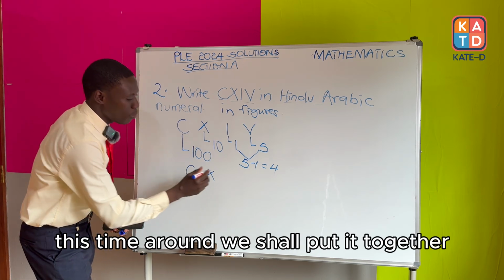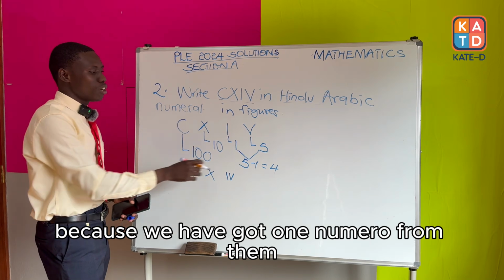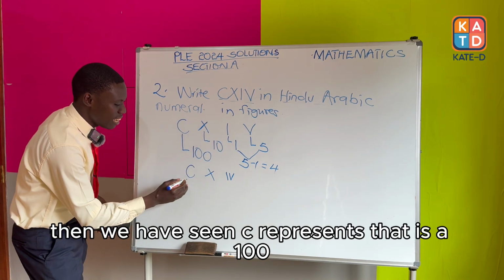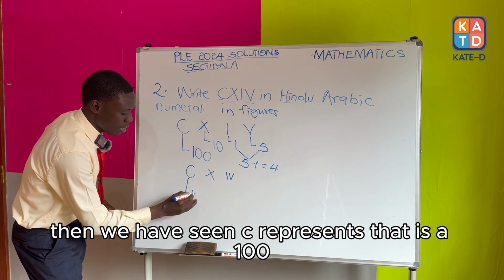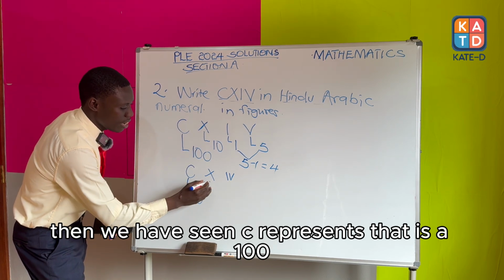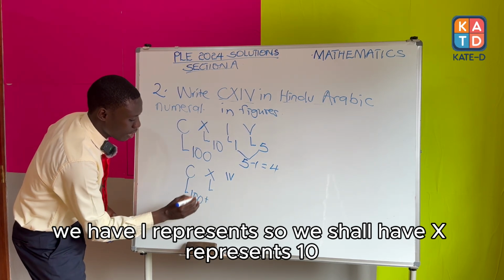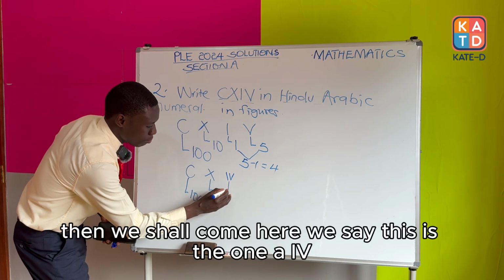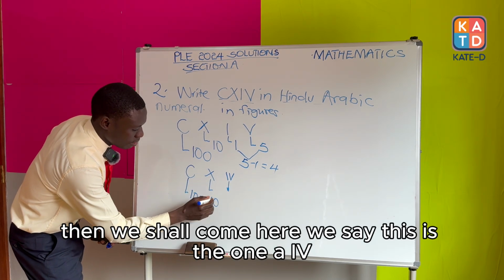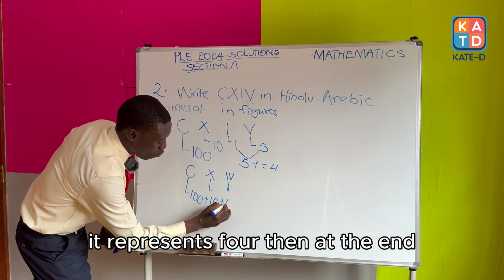This time we put it together because we have got one numeral from I and V. C represents 100, X represents 10, and IV represents 4.